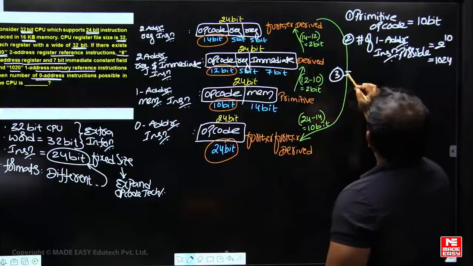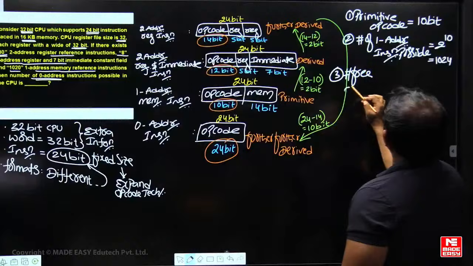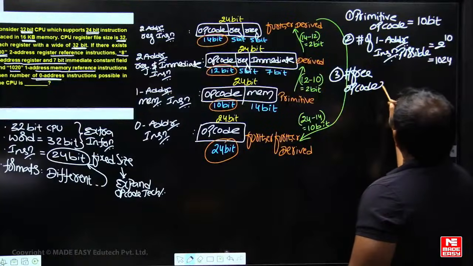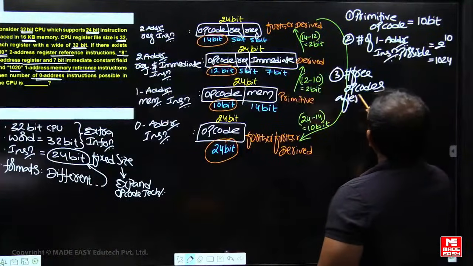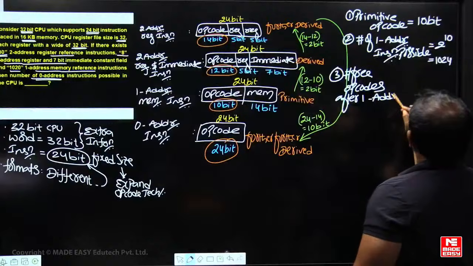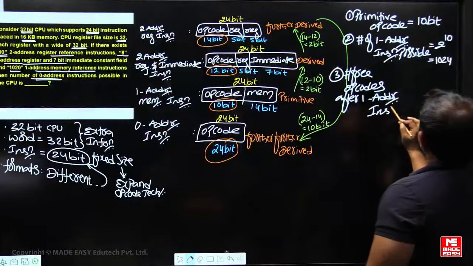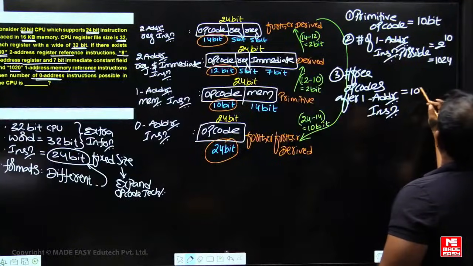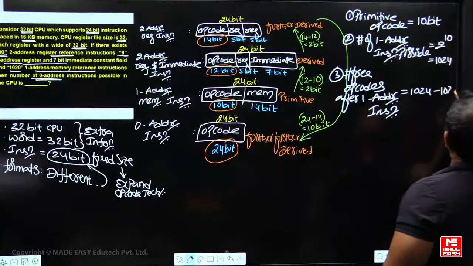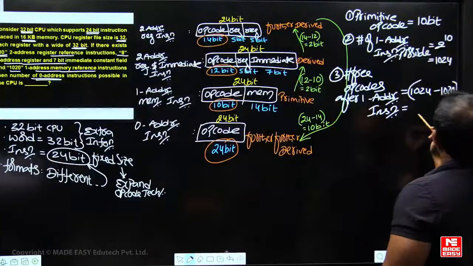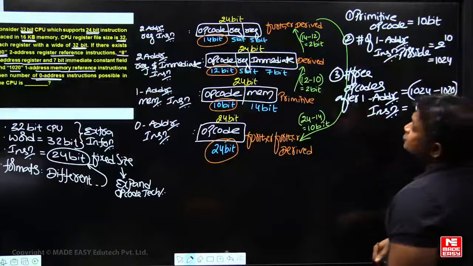Third one, number of free opcodes after one address instruction is 1024 minus 1020, that is 4.